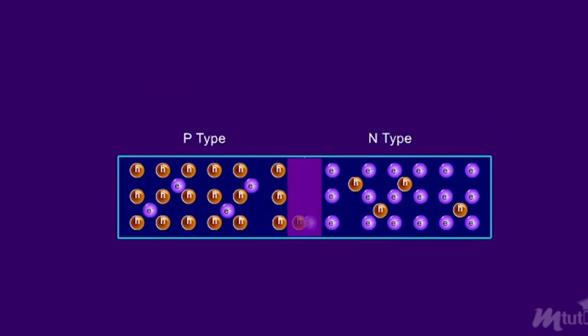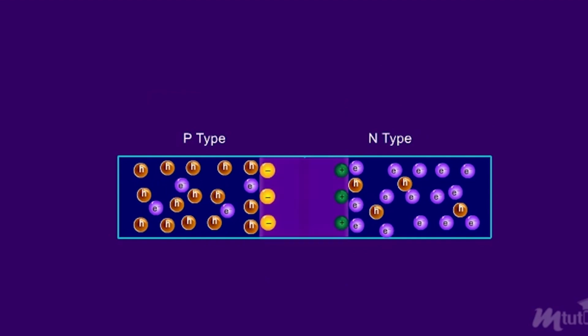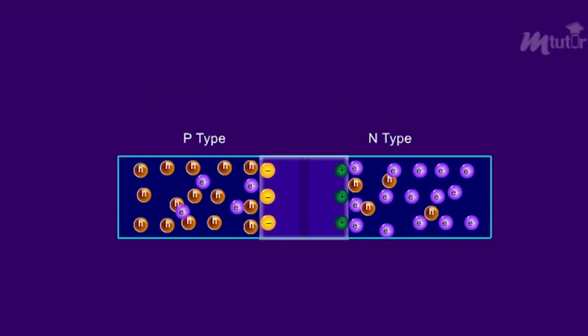When the PN junction is formed, the holes from the P side move into the N side and combine with the free electrons. Similarly, the free electrons from the N side diffuse into the P side and combine with the holes.